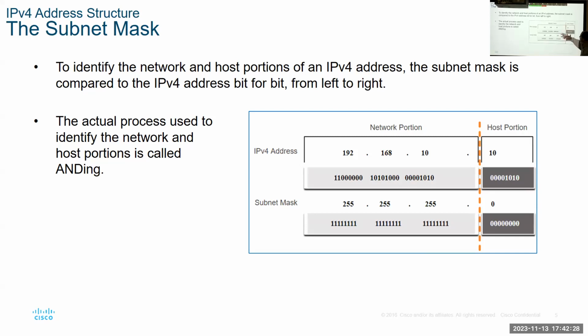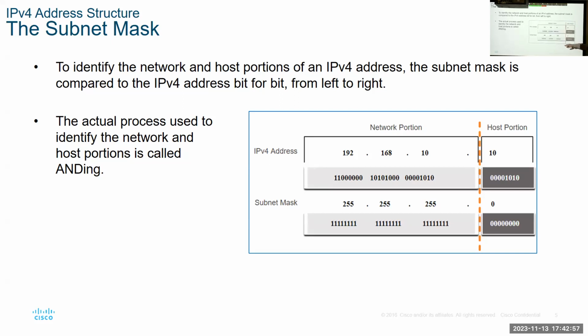We can just look at this, especially when it's on octet boundaries, and see that everywhere there's a 255, that entire octet is part of the network ID, and anywhere there's a 0 in the subnet mask, that entire octet of the IP address is part of the host. The computer doesn't reason like that. It doesn't look at 255s and zeros. It obviously just looks at bits.